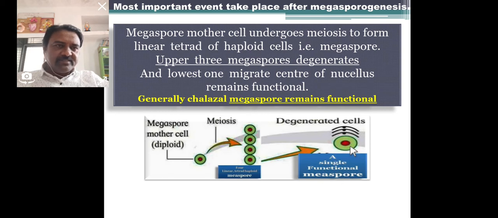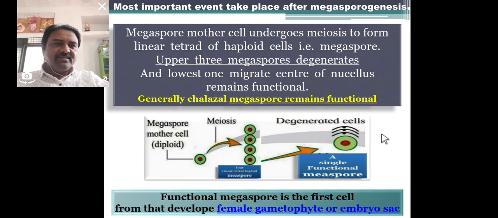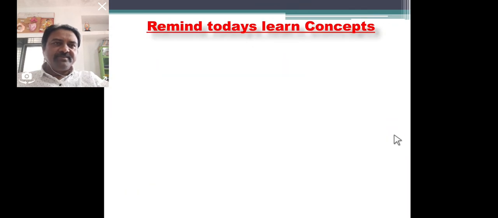This functional megaspore is very important for the development of the female gametophyte or embryo sac. So this is the most important event that takes place after megasporogenesis. The functional megaspore is the first cell from which the female gametophyte or embryo sac develops.